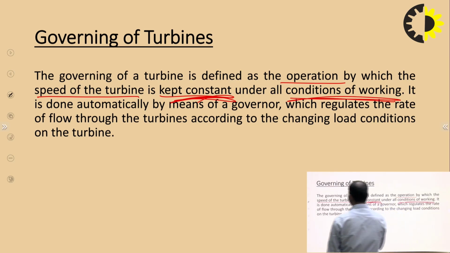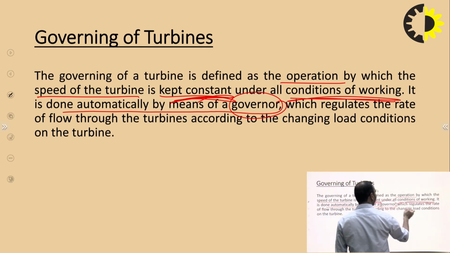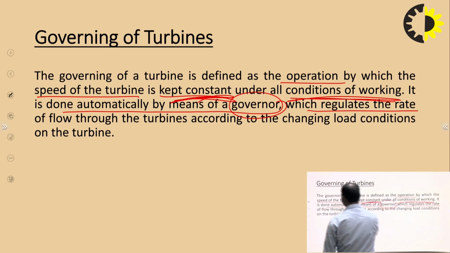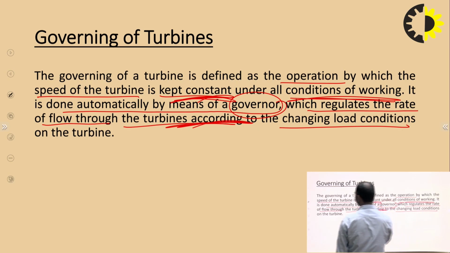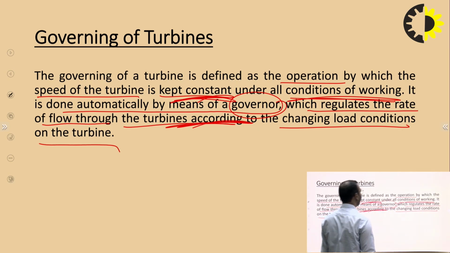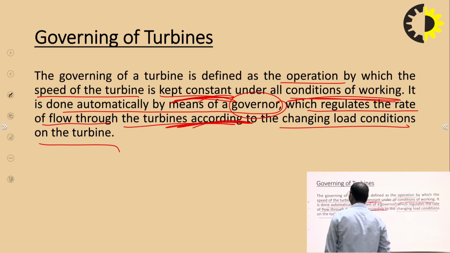It is done automatically by means of a governor which regulates the rate of flow through the turbine according to the changing load conditions on the turbine. So basically, governing means we keep the turbine speed constant irrespective of the load condition. This is called governing of turbines.